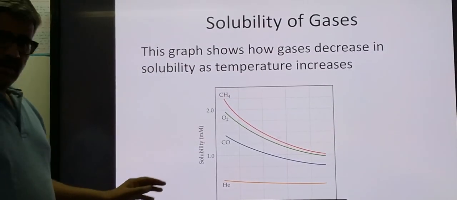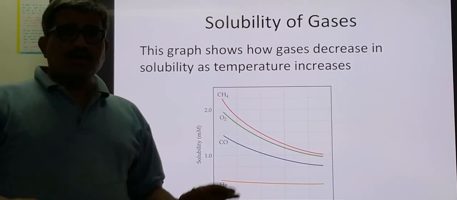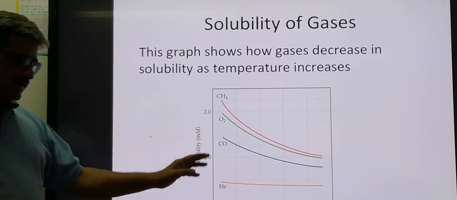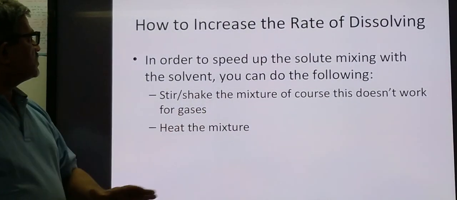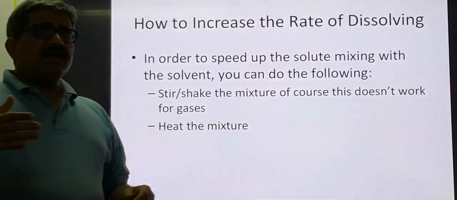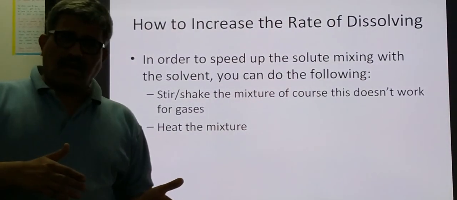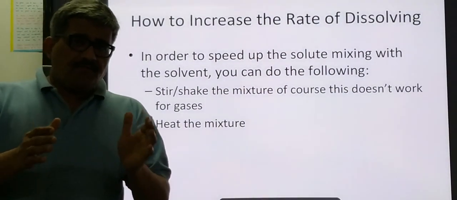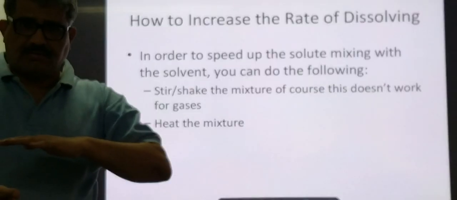In that, I have taken few slides. We were discussing about solubility of gases. This graph, of course, we have discussed in our previous class, and rather we had gone for this also. How to increase the rate of dissolving for gases and for solids in liquids. If it is for gases, you need to increase the pressure.